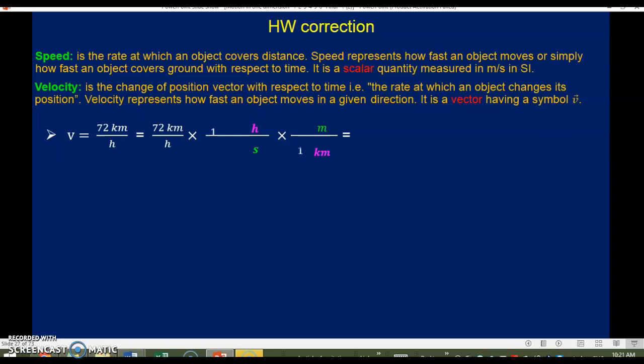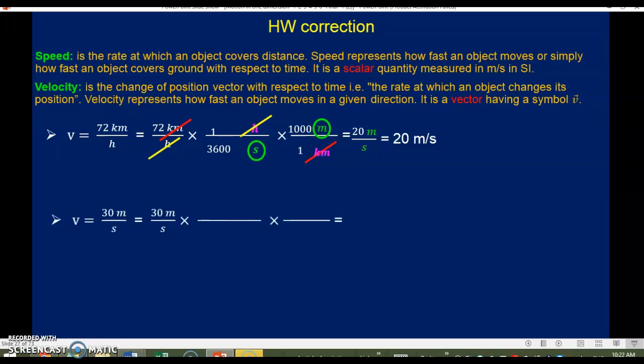Then write 1 beside the higher or the greater unit for each parameter, and write the equivalence. Then simplify the units. Hours simplifies with hours, and kilometer with kilometer. We're left with meter per second, and now it is 20 meter per second.